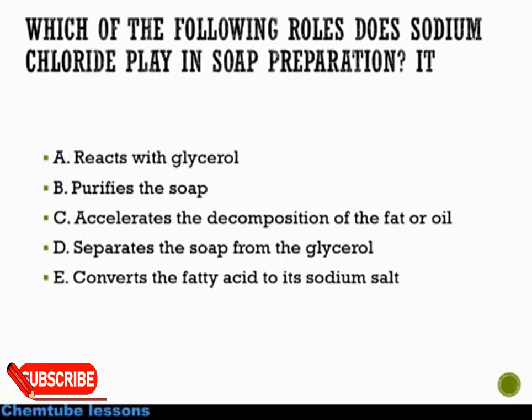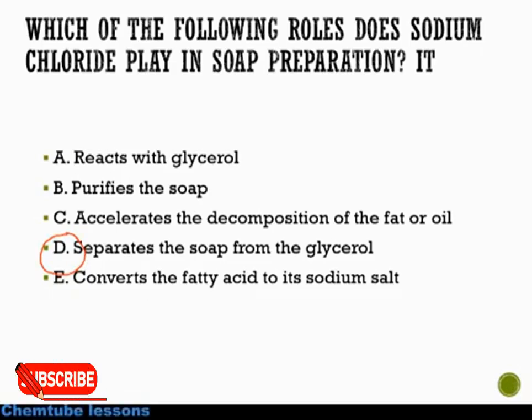Which of the following roles does sodium chloride play in soap preparation? This question is asking what is the role of sodium chloride, that's the common salt, in preparation of soap, that's in saponification reaction. The main function of sodium chloride when it's added to soap production is to separate the soap from the glycerol.